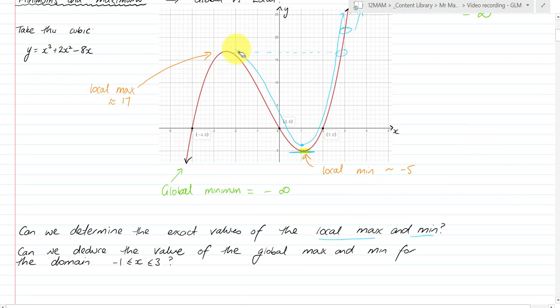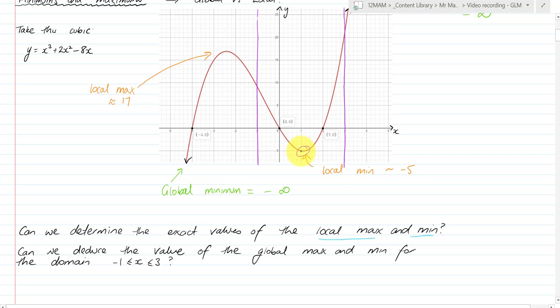I'm going to do some rubbing out because I've completely ruined this diagram, and consider that domain that I've just suggested. So within that domain, -1 to 3, let's see what we can work out. So here's -1, and here's 3.